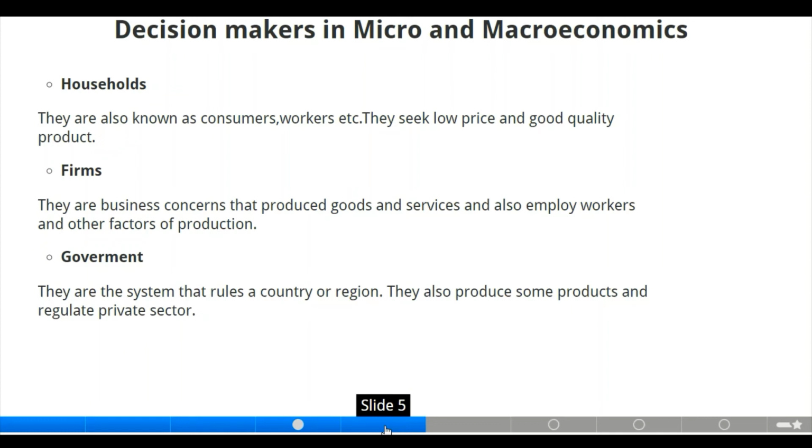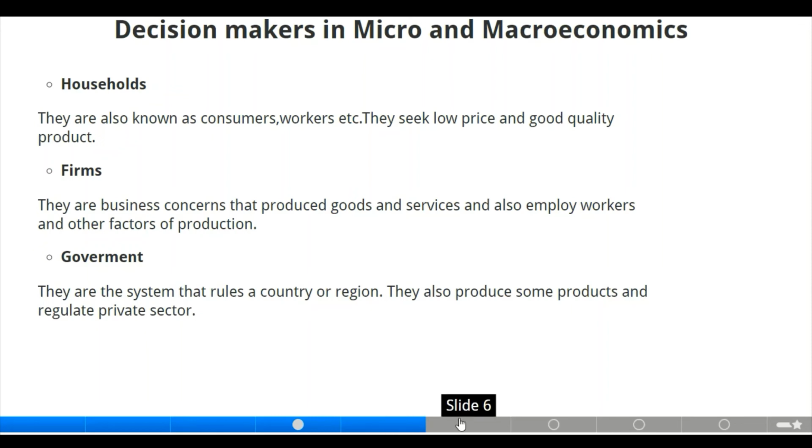Now we have firm. Firms are the business concerns that produce goods and services and also employ workers and other factors of production. Now we move to government. They are the system that rules the country or region. They also produce some products and regulate private sectors.